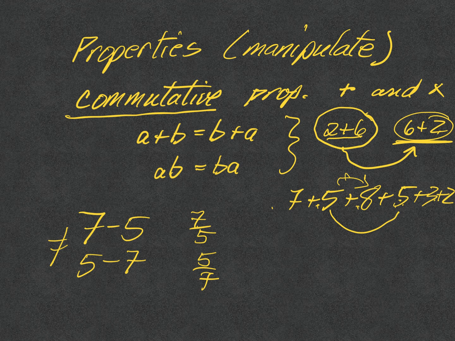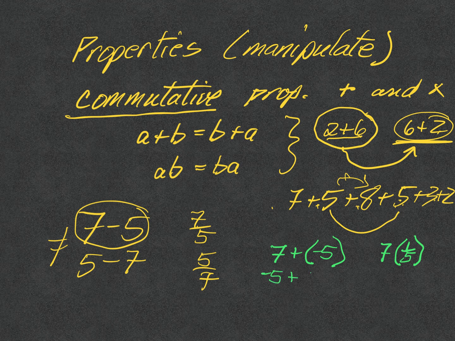However, if we say subtraction is really, and I'm going to put this in a different color, it's really addition of the opposite, or multiplication or division is really multiplication by the reciprocal. If we do that, then we make this have the commutative property, because now it's an addition problem.